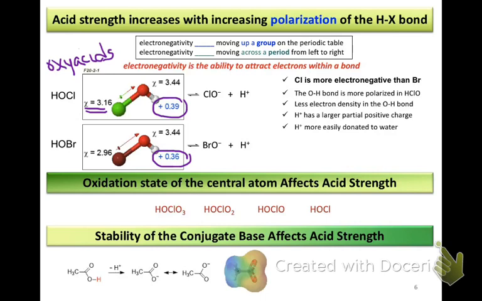Therefore, the oxygen here is hungry. It wants more electron density, but chlorine doesn't want to give it up. So it has to get it from the hydrogen bond. That polarizes the bond between the oxygen and the hydrogen. So the oxygen-hydrogen bond is more polarized in the top HOCl. There's less density in that bond. It's shifted. It has a positive charge on it that's bigger than the bottom acid, and it's more easily donated to water. That means HOCl is a stronger acid.